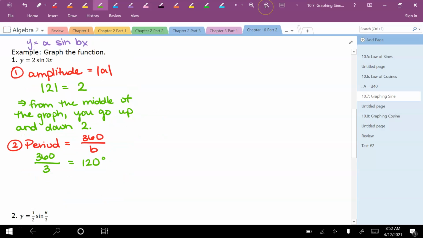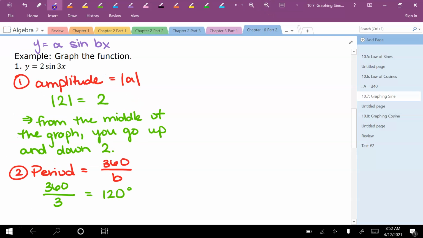Okay, step 3 is to find 5 key points. That's when we do our period divided by 4, because this tells you what the interval is that we're moving by as far as degrees go. My period I found to be 120, from step 2.